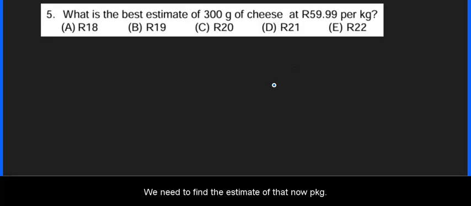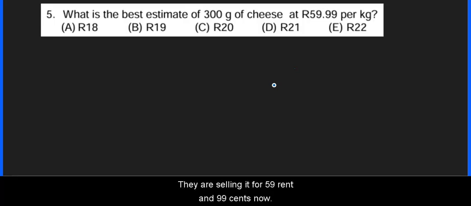Now, per kg, they are selling it for 59 rand and 99 cents. But now we are going to buy only 300 gram, not 1 kg. So how much will we pay for 300 gram when they weigh that?